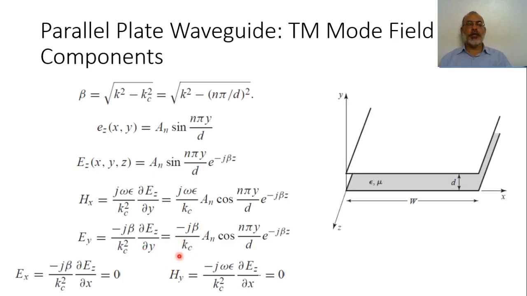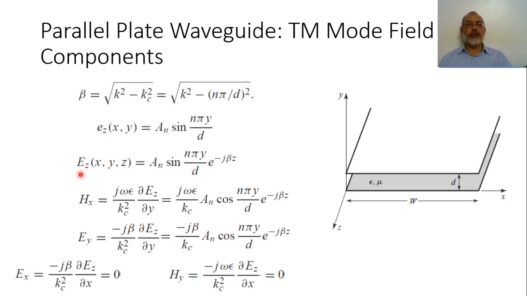So this would be minus j beta over kc, times An cosine(nπy/d) e to the power minus j beta z. On the other hand, Ex and Hy are proportional to partial Ez by partial x, and because Ez is independent of x, the derivative with respect to x here would be 0.